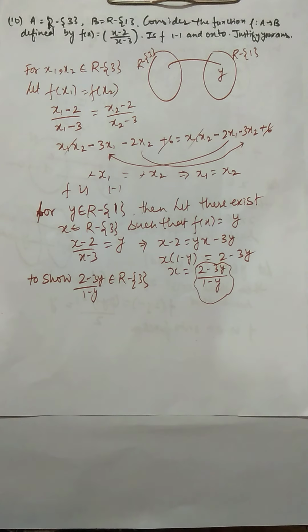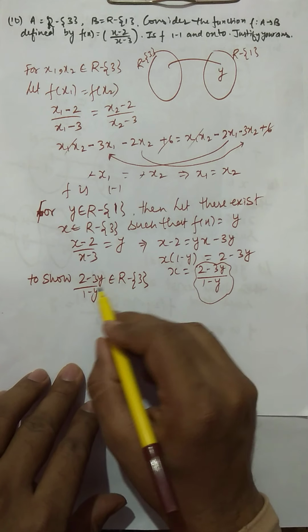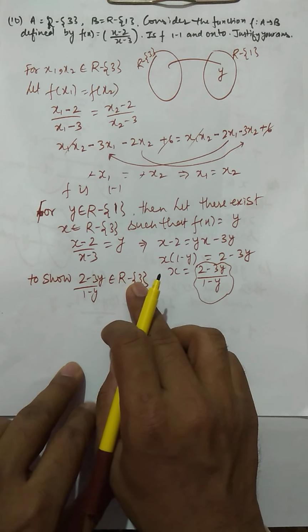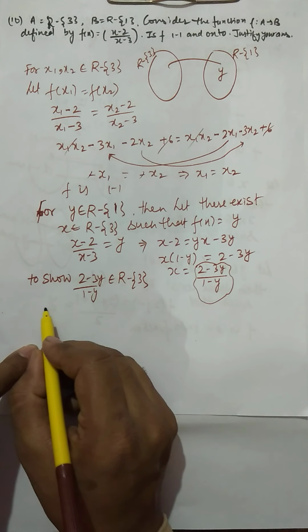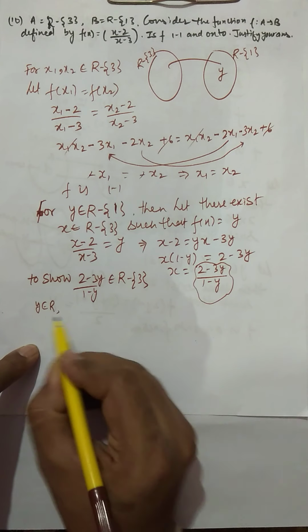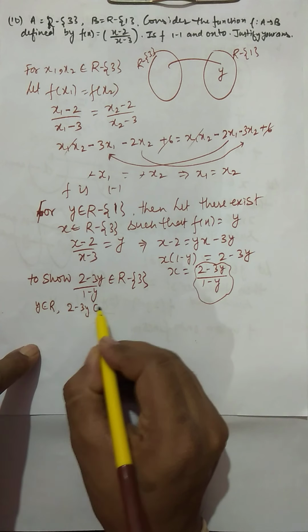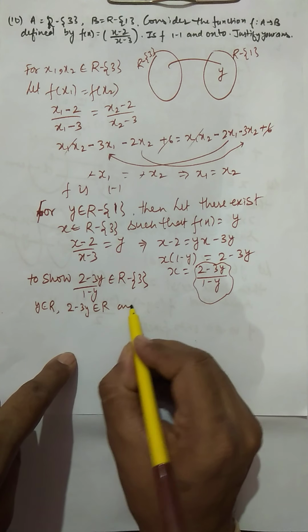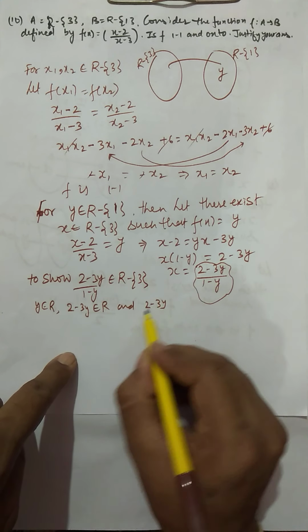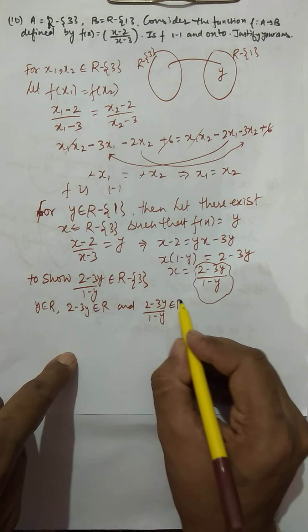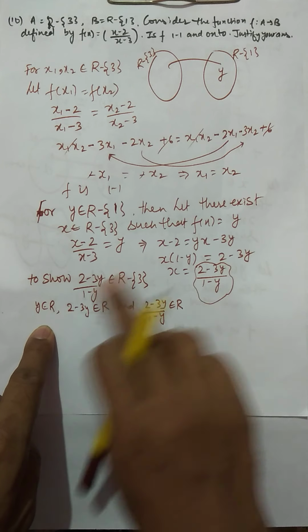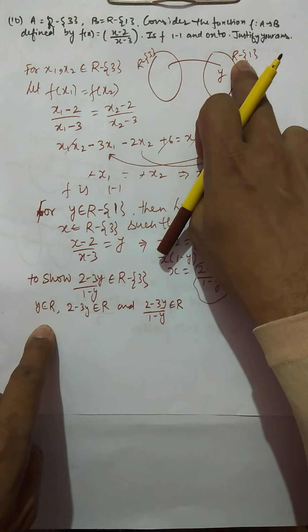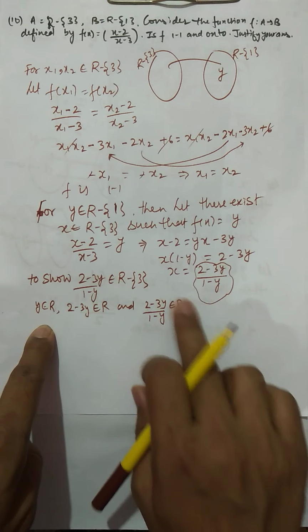So now first we show that this is belonging to R. In the next part we'll show that this cannot be equal to 3. So first you see that y belongs to R, then 2 minus 3y will also belong to R, and (2 minus 3y) upon (1 minus y) will be belonging to R. And you just keep in mind that y is not equal to 1 because y is from the codomain. So this is belonging to R.